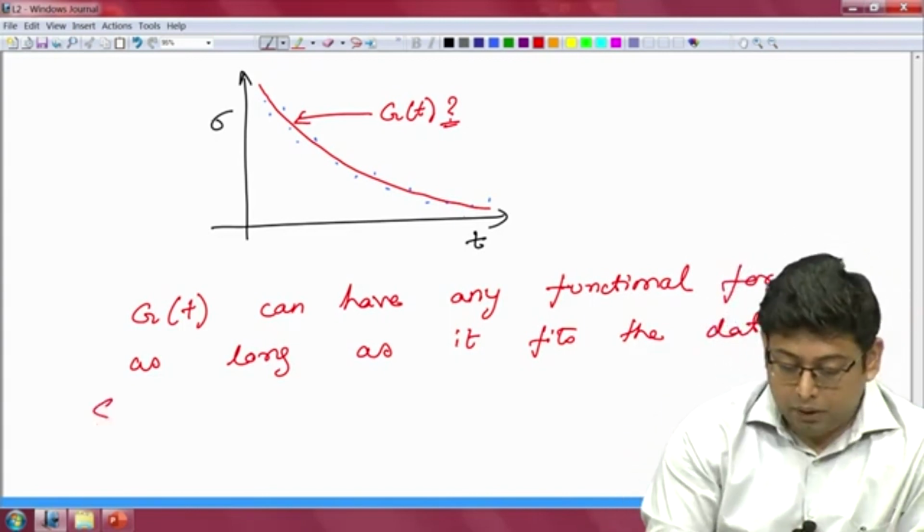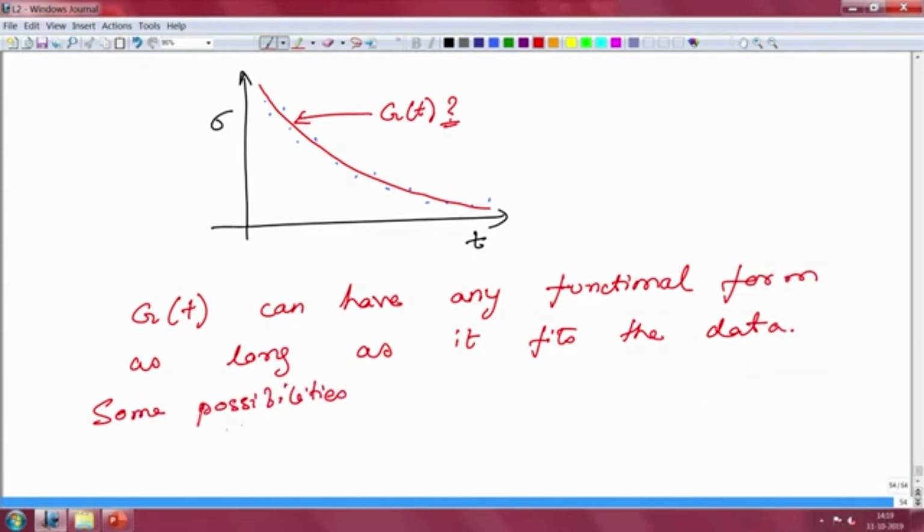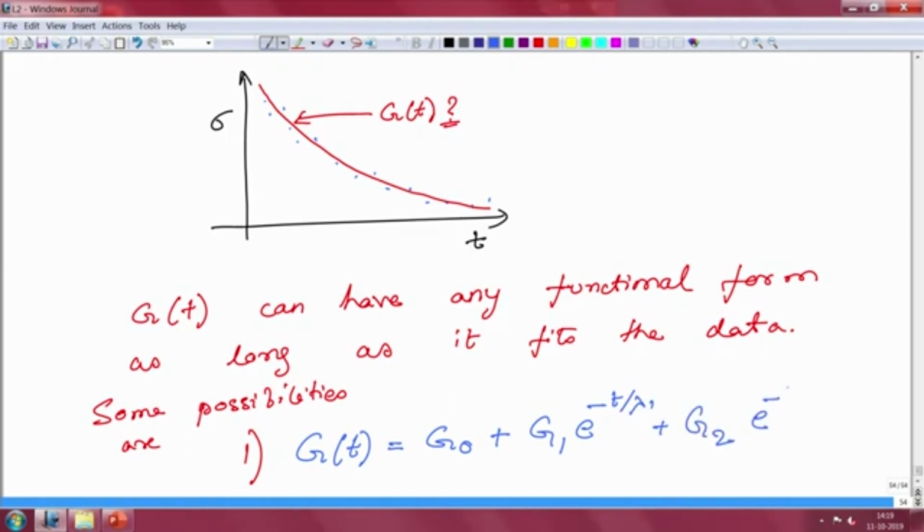Some possibilities are, GT can be expressed maybe in the form of a series, where each of these terms is an exponential, and there can be perhaps n terms in there.